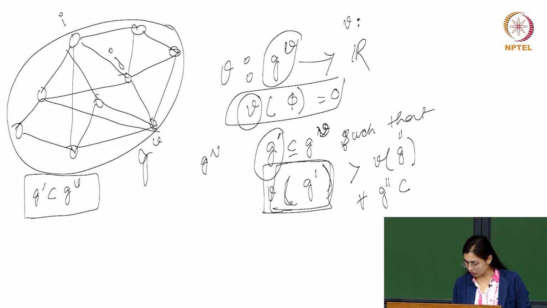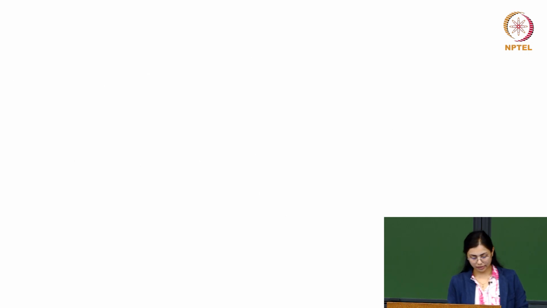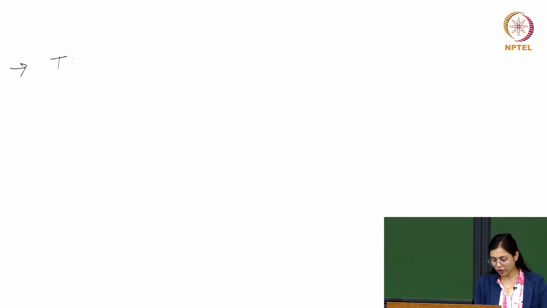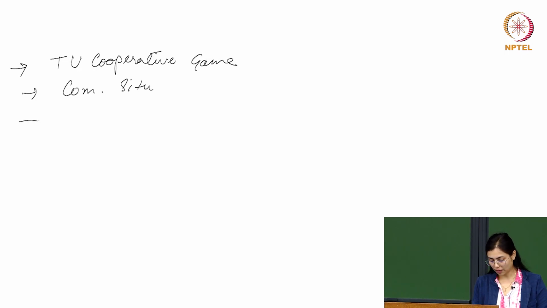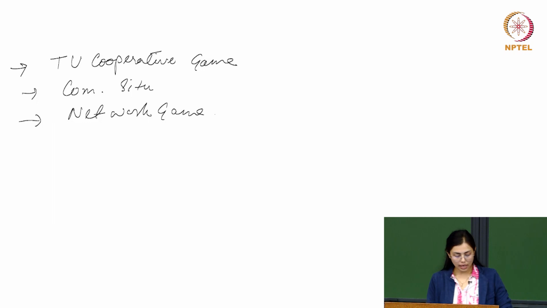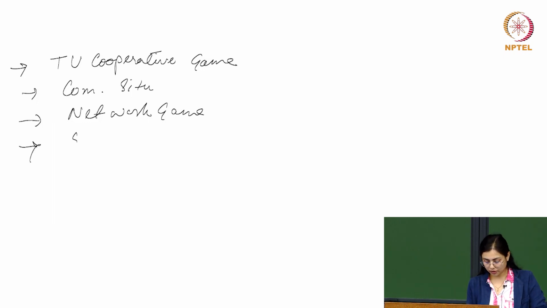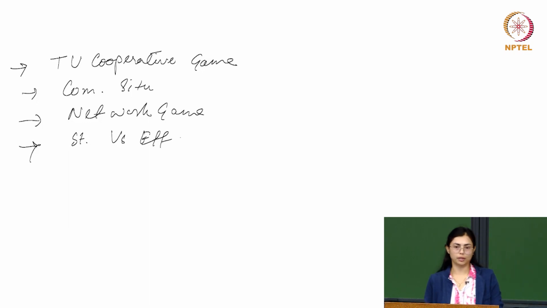So I divided my lecture into these parts. First we have to know a little bit about cooperative games, TU cooperative games, and then communication situations. After that we'll talk about network games. Parallelly we'll talk about some solutions also, and lastly we'll talk about stability versus efficiency, the network formations.